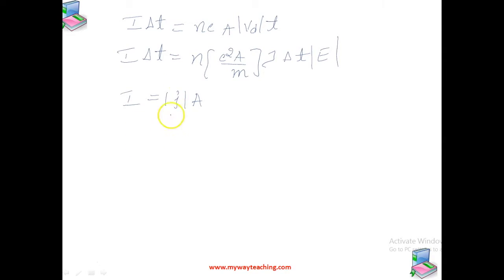From these two equations we can write J is equal to n e squared by m tau E. The vector J is parallel to E.